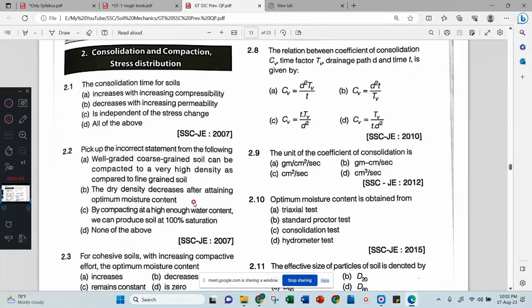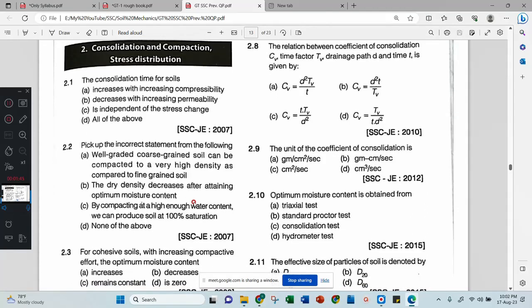So option A, right answer. But read the second one: decreases with increasing permeability. Right answer. Is independent of stress change. Right answer. Therefore, D is the correct answer.